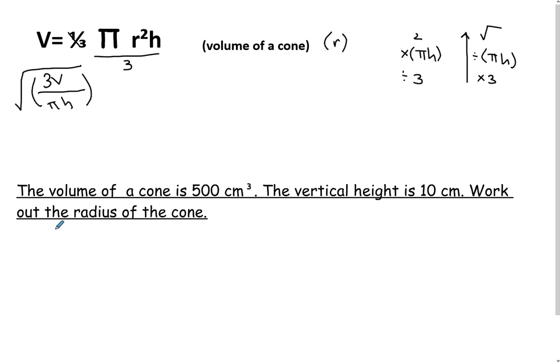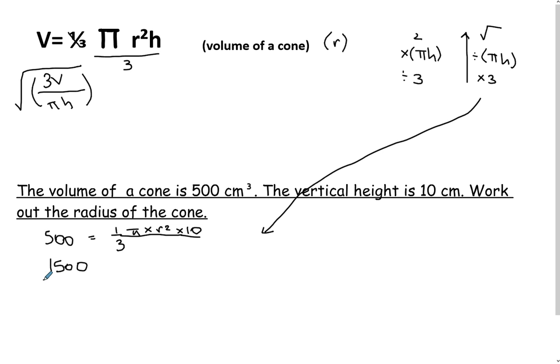So we've got the formula upstairs, so instead of v we put 500 equals 1/3 pi, and you can see that 3 is all at the bottom, times r squared times 10. Okay, so if we do that, then we're multiplying by 3, so we've got 1500.